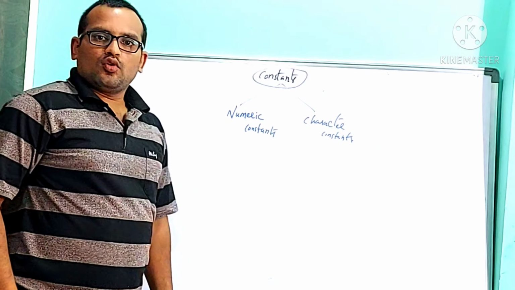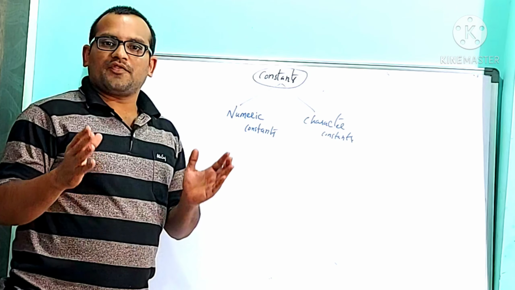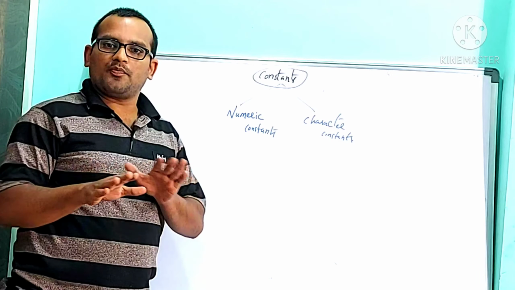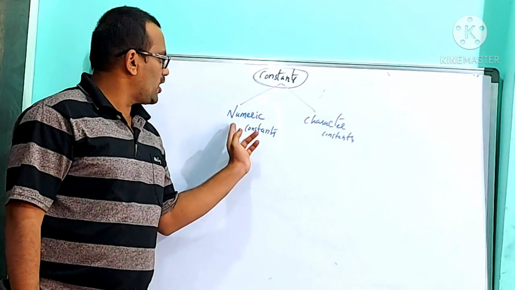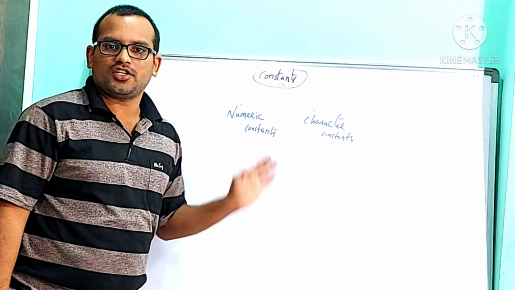So again I am telling you, constants are the fixed values whose value cannot be changed. Constants are classified into two types. First one is numeric constants, second one is character constants.